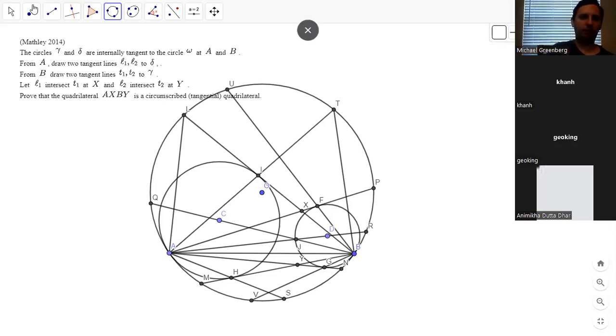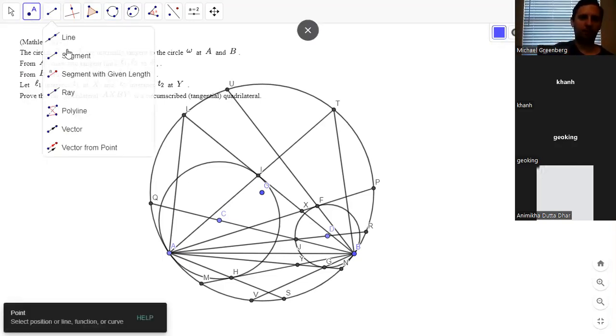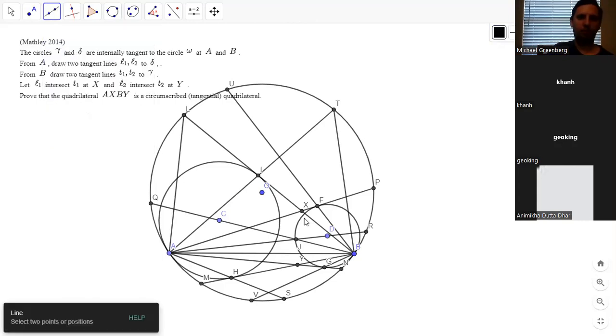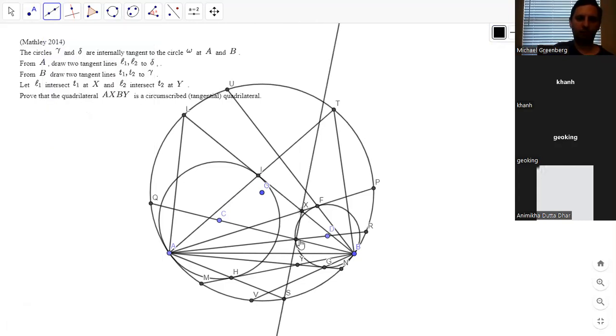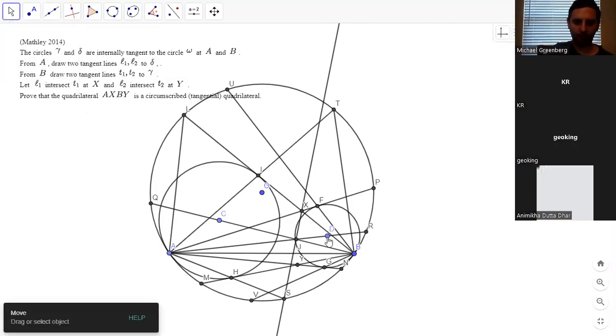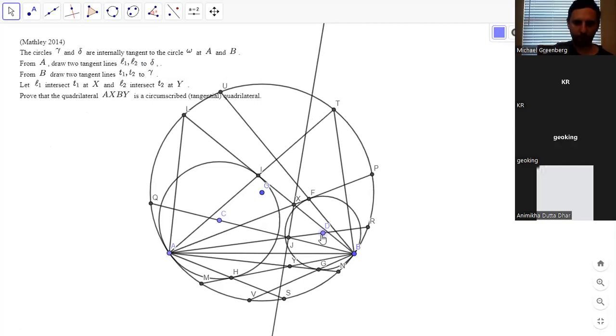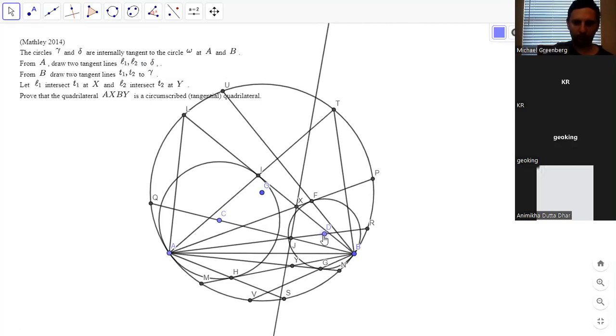So let's see. Can we use harmonic stuff? So we want to show that XJ is an angle bisector. Is that really true? I don't think XJ and S are actually collinear. No. But we want to show XJ is an angle bisector. Let's see.